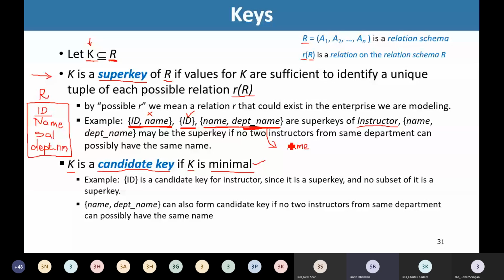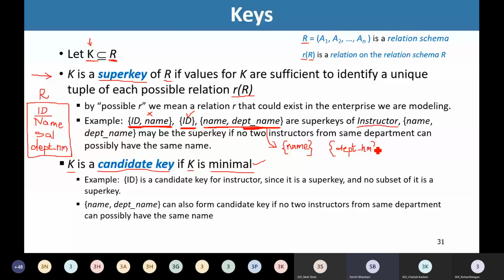Only name is a subset of name, department name, which is my super key. Also, I am having another subset and that is department name. Do you agree with me? Yes. So these two are the subsets of my super key name, department name.